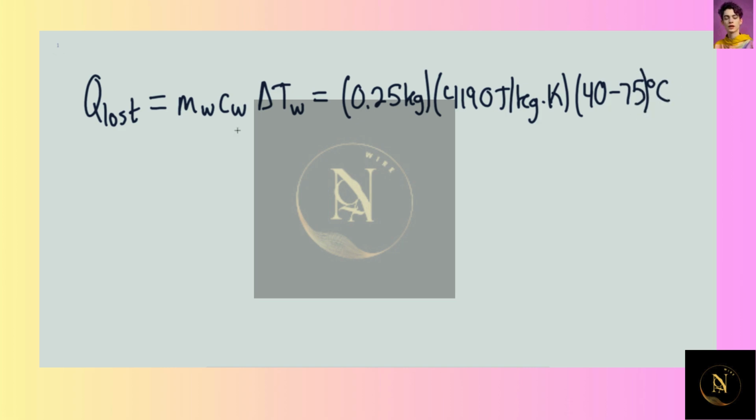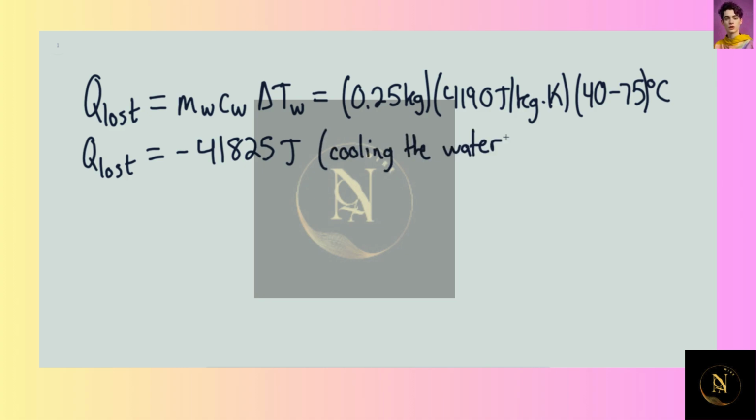And we find that Q lost is going to be equal to negative 41,825 joules, and this is in cooling the water. So that's how much thermal energy must be extracted in order to bring down the water temperature.